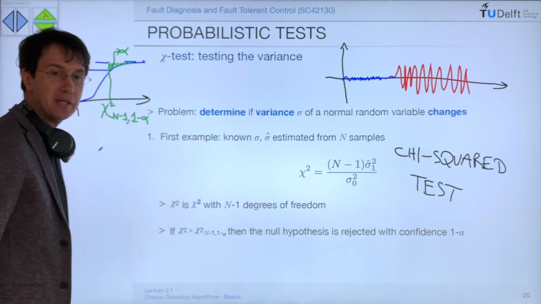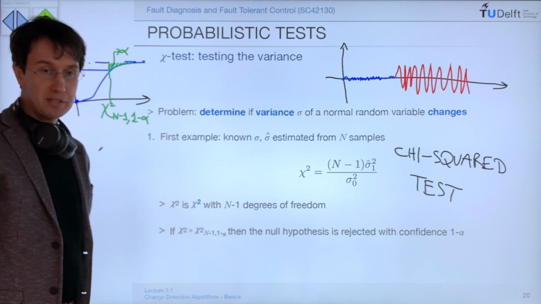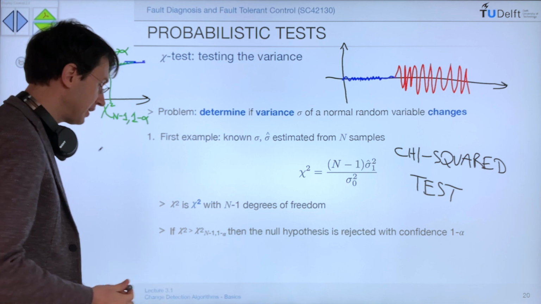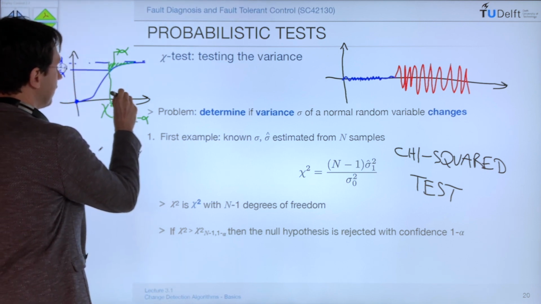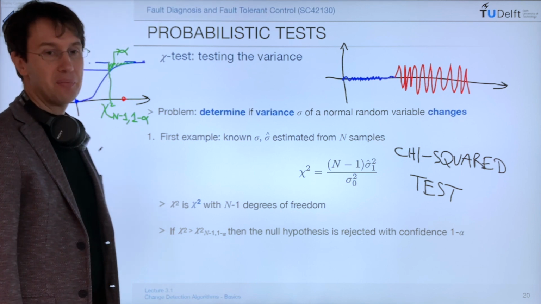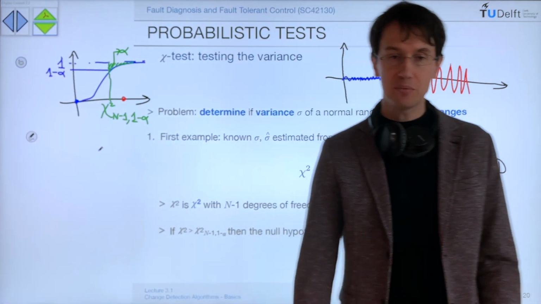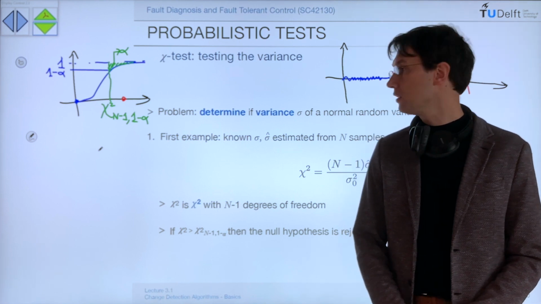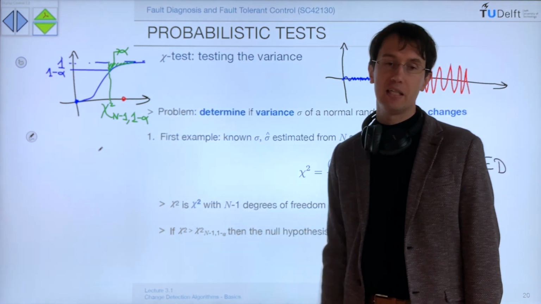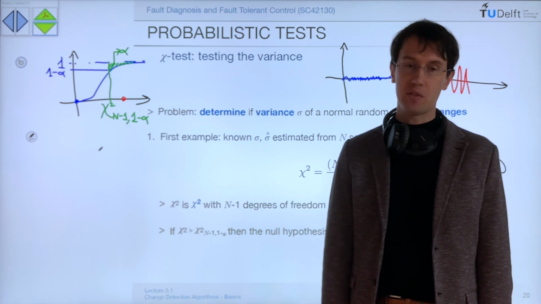So that's the point where the CDF has a value of 1 minus alpha. Then the test is simply carried out this way. If the value you got, chi-squared, is bigger than this, so if you get a value here, then the null hypothesis is rejected, with confidence 1 minus alpha. So this is another way of doing the same test without going explicitly through the p-value, but that's exactly the same thing. It is only that as we have a one-tailed distribution, it is easier to go through the CDF as we do it here.